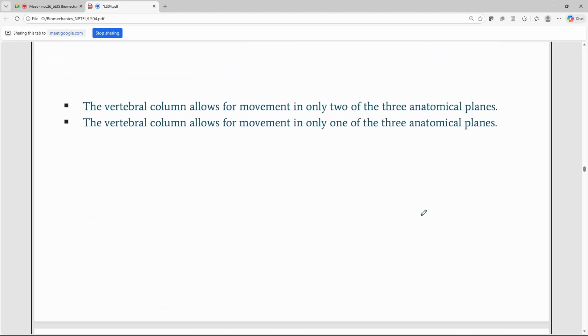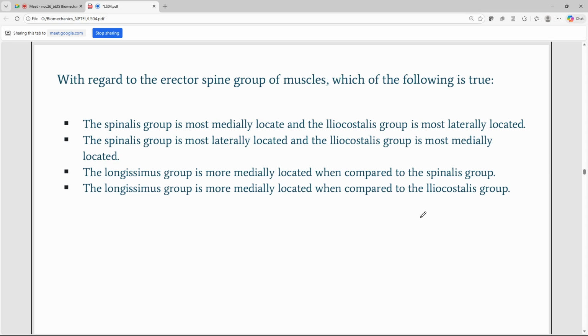Moving on to the next question. With regard to the erector spinae group of muscles, which of the following is true? Options are: the spinalis group is most medially located, and the iliocostalis group is most laterally located.